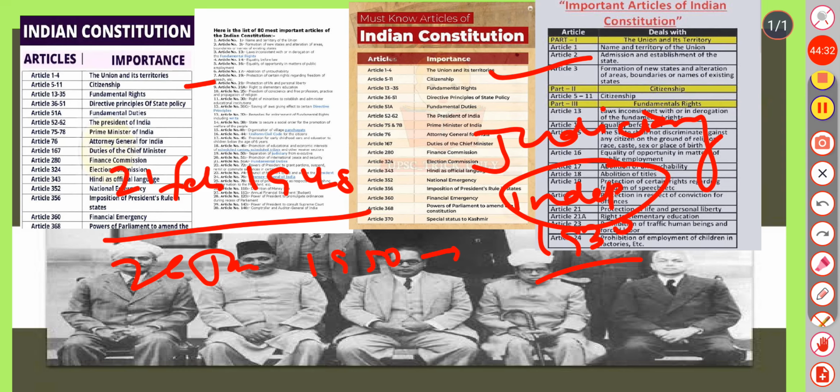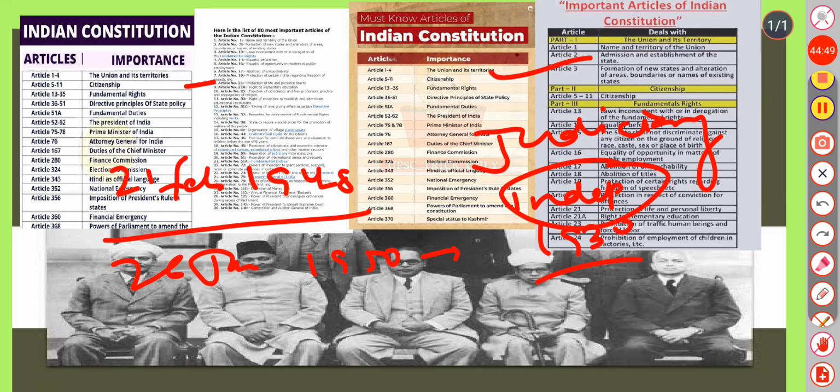Now the right against exploitation. Article 23 is prohibition of traffic in human beings and forced labor. Article 24 is prohibition of employment of children in factories etc.